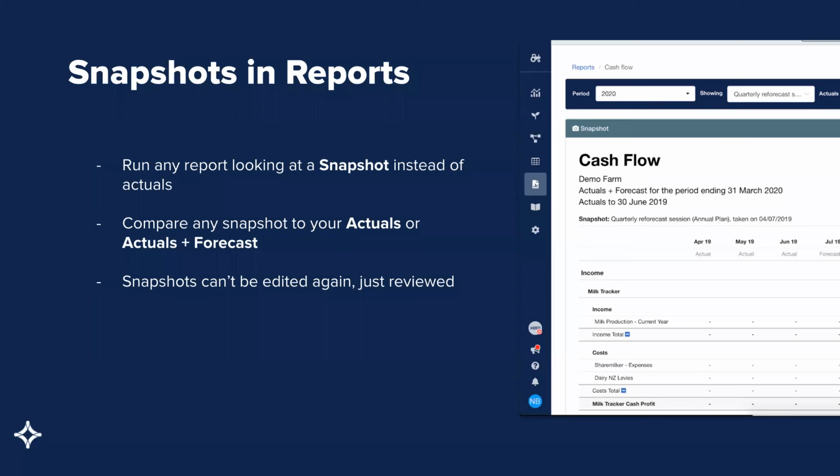So take a snapshot of your live plan, make some changes, have a look at that in your reports, and then you might want to go back to that live plan where you were before. You can then go to that snapshot of the live plan that you had at the beginning of the day and click to re-import that live plan in.